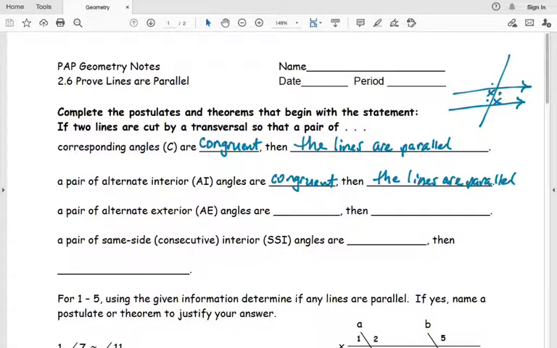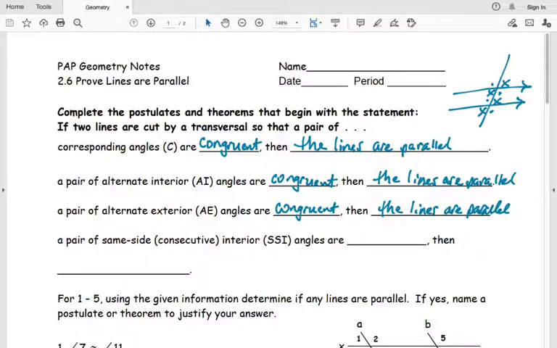All right, if you know a pair of alternate exterior angles are congruent, then you know that the lines are parallel. Okay, so this would be an alternate exterior angle with that one. Or this one up here on the top left will be one with this one right here.